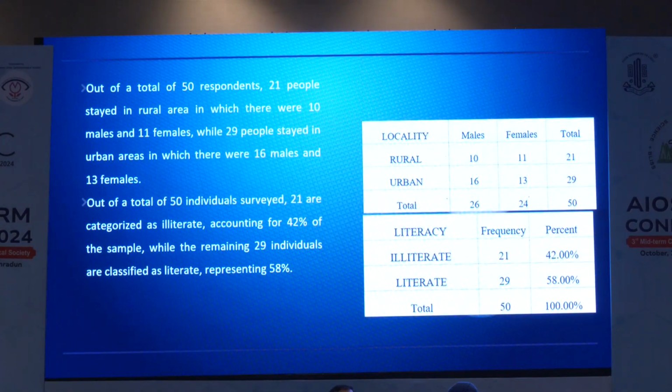Out of the 50 respondents, 21 stayed in rural areas and 29 in urban areas, showing urban dominance. Out of the 50 individuals, 42% were illiterate and 58% were literate.